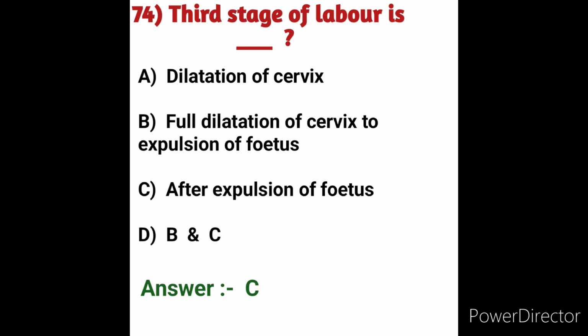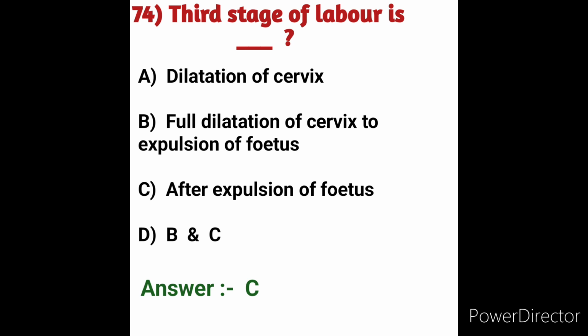Actually, in this question, we can observe the options. Stage 1 is dilatation of cervix. Stage 2 is option B, full dilatation of cervix to expulsion of the fetus. Option C is the third stage, means after expulsion of the fetus to expulsion of the placenta.